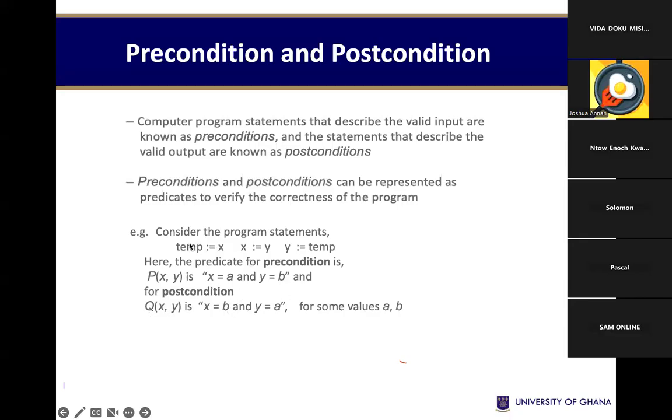So we start with what is here. We know that X was initially given as A. So we are going to assign A to temp. So temp contains what? A. Now, when we come to the second line of statement, we have Y assigned to X. And we know Y is what?